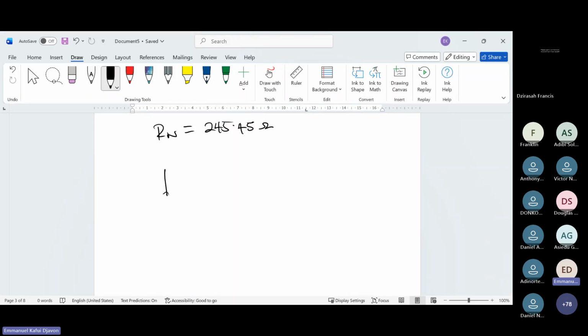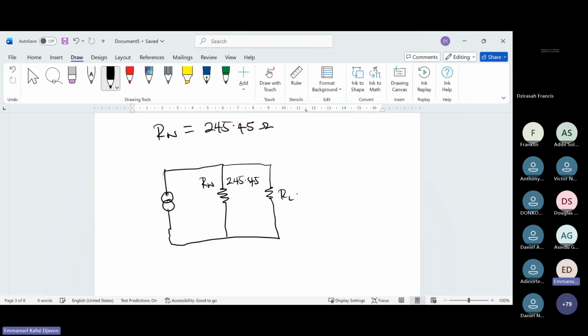Thevenin's equivalent circuit. So now we have this. You draw this here. This is Rn, 245.45.